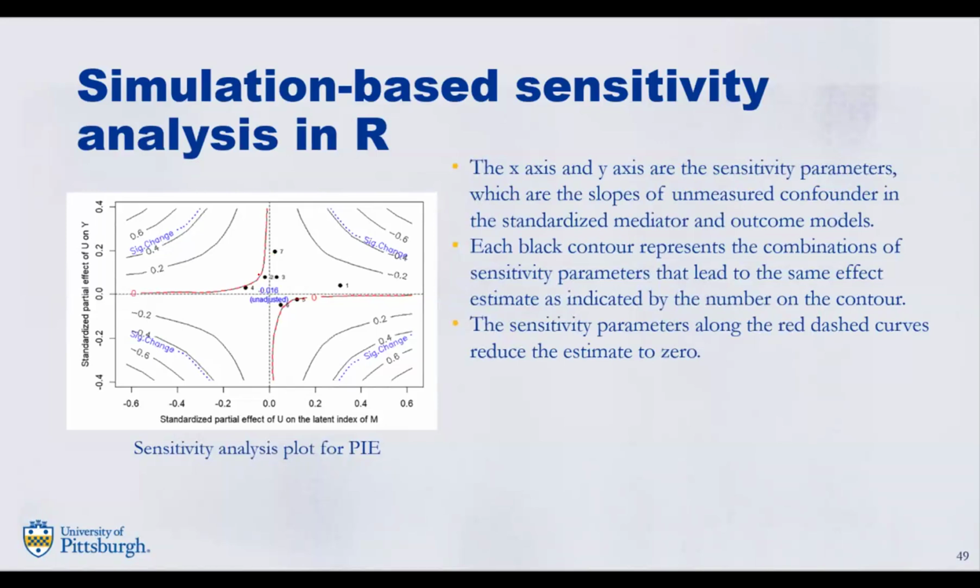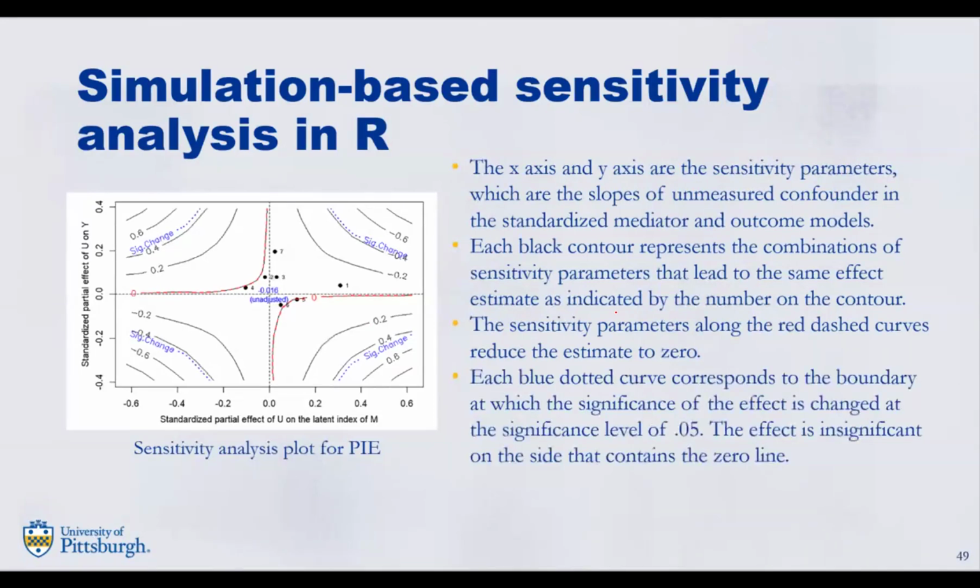So within this area of the 0 contours, the effects are negative, but outside this red region, you will get positive effect estimates. This indicates the boundaries at which the sign of the effects changes.